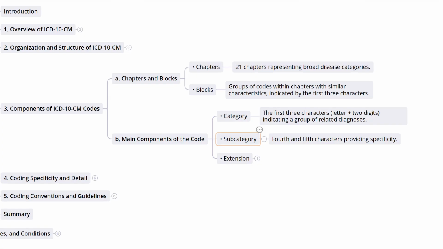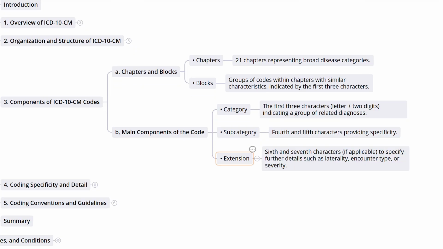These are fourth and fifth characters, providing further specificity. And extensions. These are fifth and sixth and seventh characters, if applicable, to specify further details such as laterality, encounter type, or severity.